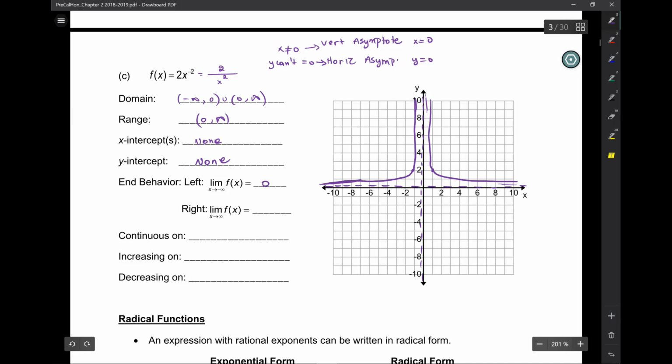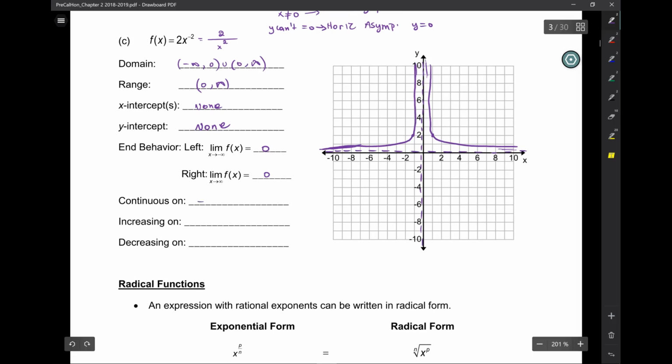As x approaches negative infinity, y is leveling off at 0. What about positive infinity? 0 again. Okay, where is it continuous? Well, from negative infinity to 0, 0 to infinity. Where is it increasing? Negative infinity to 0, and it's decreasing 0 to infinity.